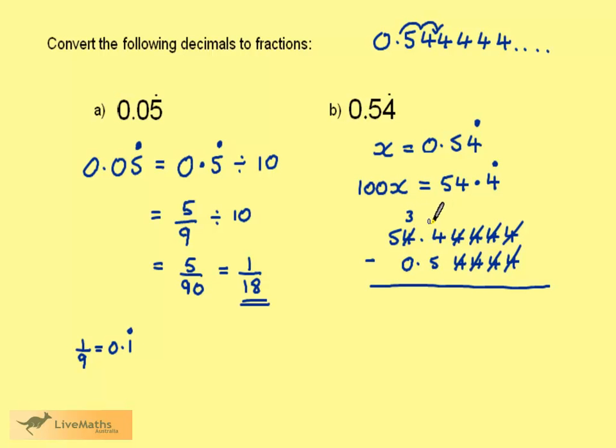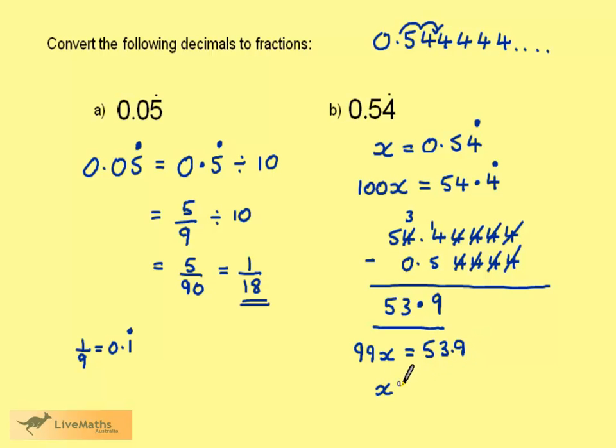Borrow 1 from here. 14 take 5 is 9. 3 take 0 is 3. And 5 take 0 is 5. So we have 53.9. So 99x is equal to 53.9.